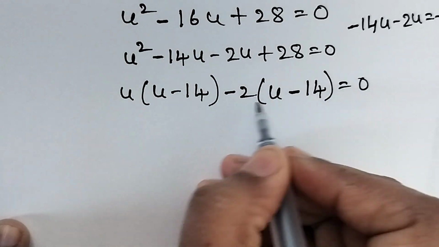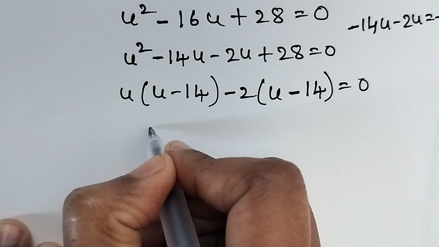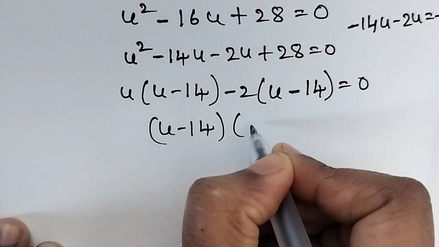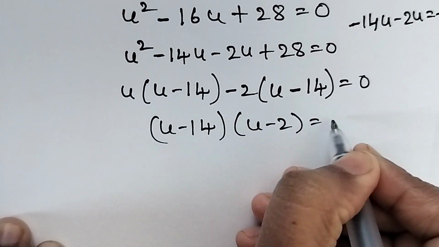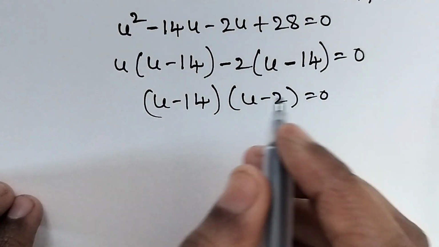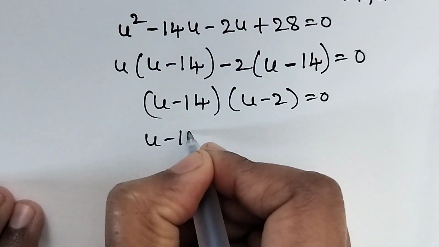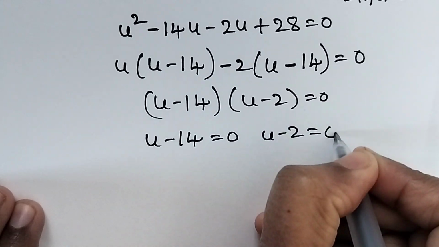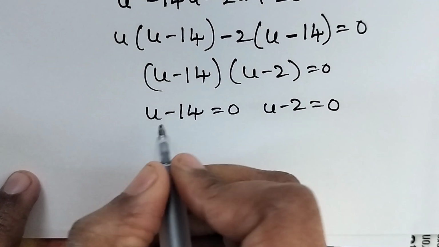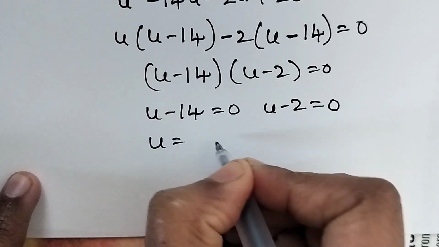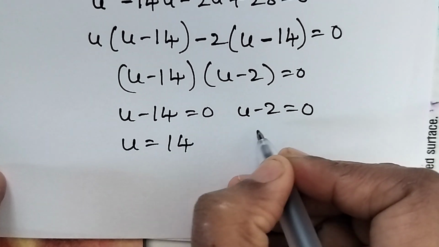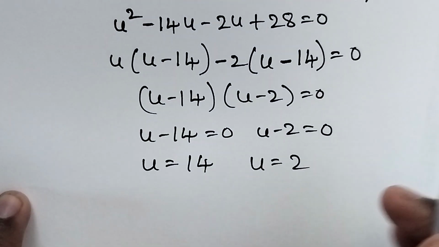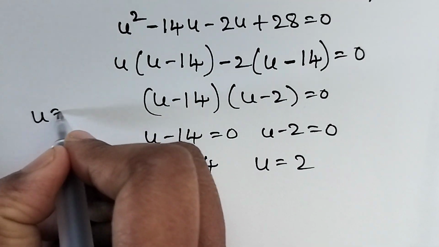So in these two terms we have common u minus 14: u minus 14 times u minus 2 is equal to 0. Now split these factors into two parts. One is u minus 14 equal to 0 and u minus 2 is equal to 0. So from this equation we'll get u equal to 14, and from this equation we'll get u equal to 2.